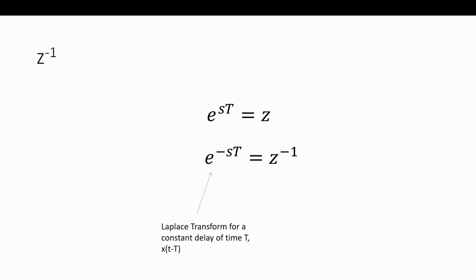So what you're seeing here is the Laplace transform for a constant time delay, x of t minus T. If you look that up, you would see it's this. And as far as a frequency response of a sample time delay, if I want the frequency response, I replace S with j omega, right?